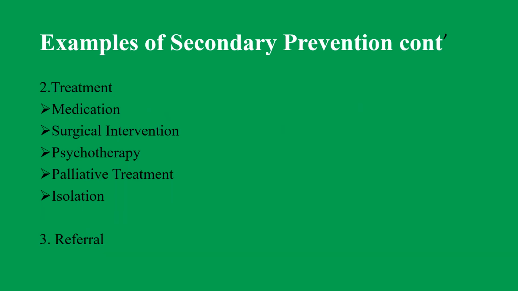The second secondary prevention measure is giving treatment. This is where an individual has been diagnosed with the condition, and therefore appropriate treatment is given. For example, they can be given medication for specific conditions.